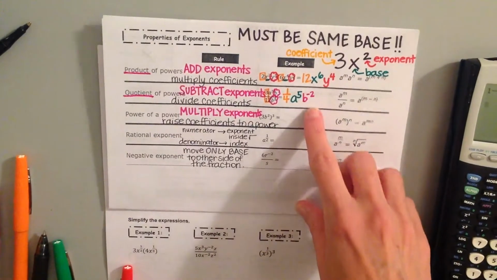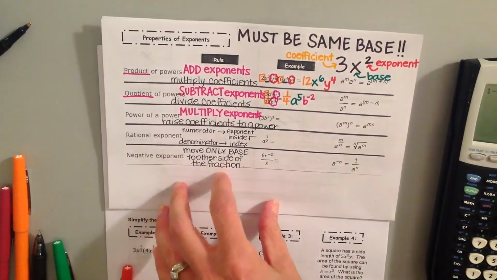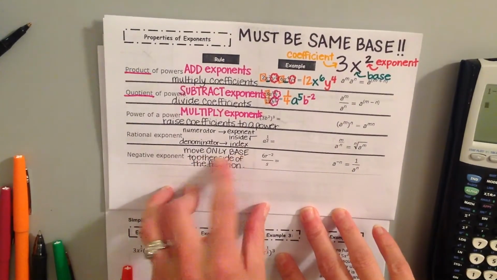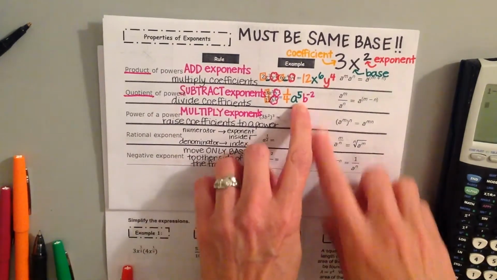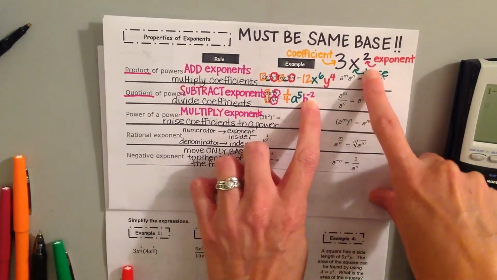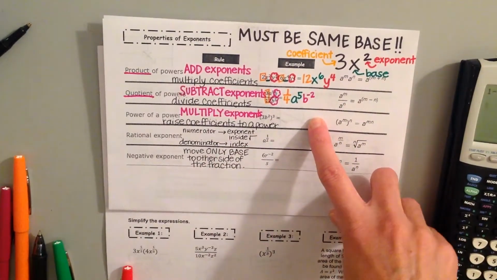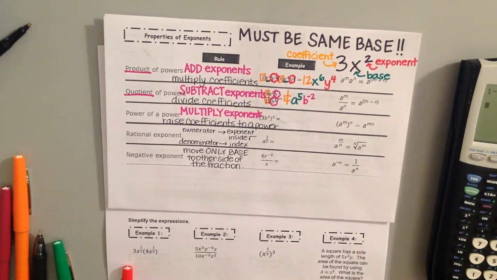Now, this is where our negative exponent law or rule comes in because we don't want our exponents to be negative. So what we're going to do is we're going to move only the base that has the negative exponent to the other side of the fraction. So I'm looking here. The only base that is raised to a negative exponent is the b, and I am going to move that to the bottom of the fraction because right now it's technically over 1, so it's in a numerator.